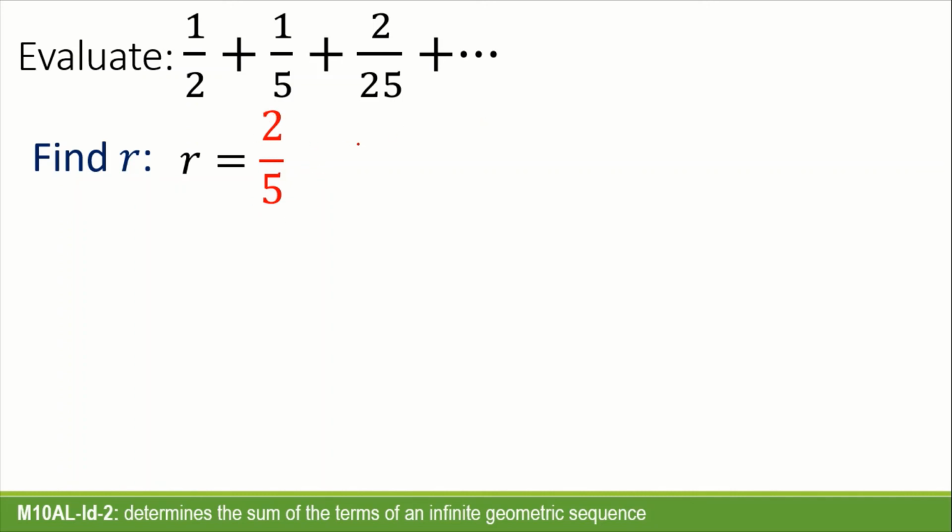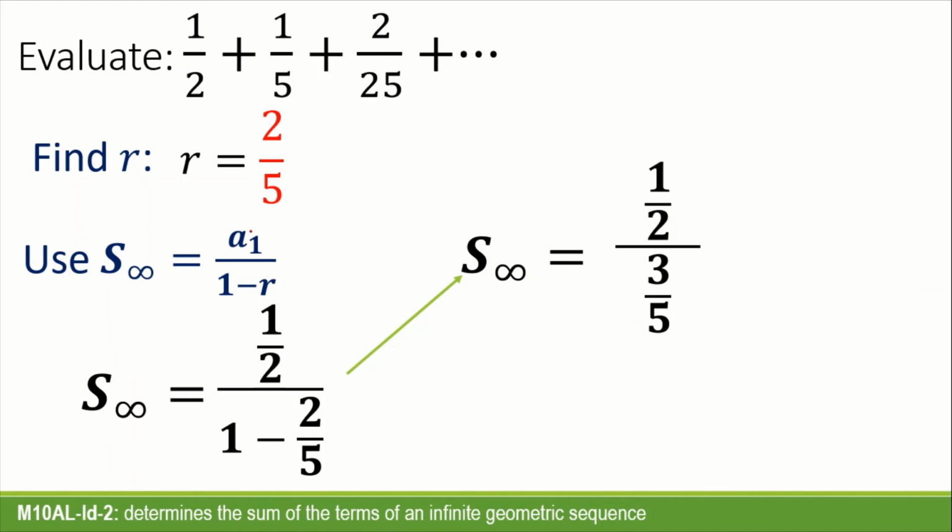So, it satisfies our condition where we can use the formula for the sum to infinity, and that is a sub 1 over 1 minus r. Next, let us substitute the first term, and that is 1/2 over 1 minus the common ratio 2/5. Again, we can express 1 in the form 5 over 5. 5 over 5 minus 2/5.